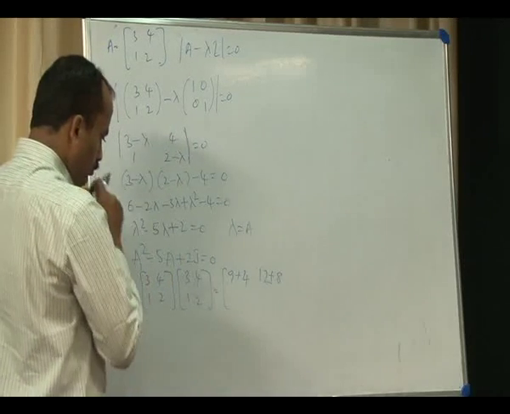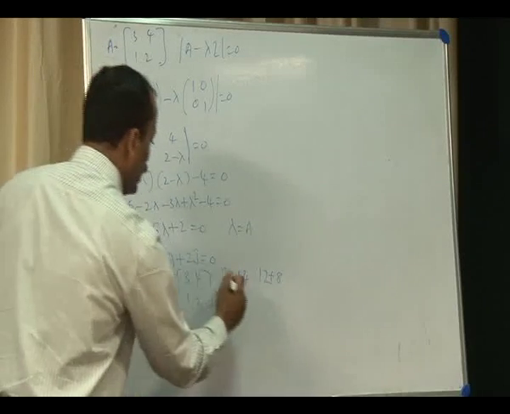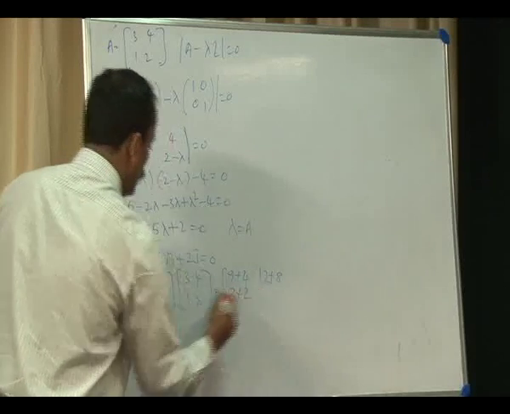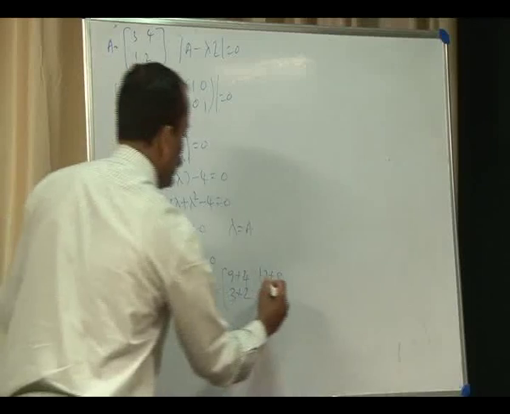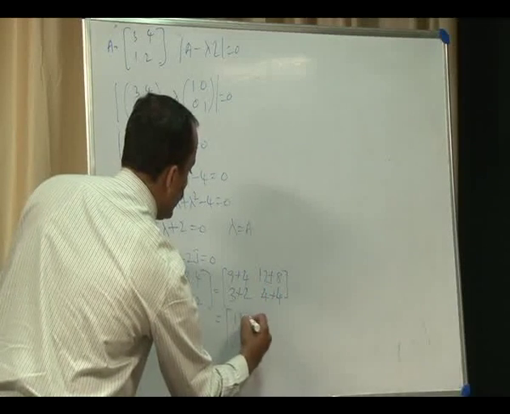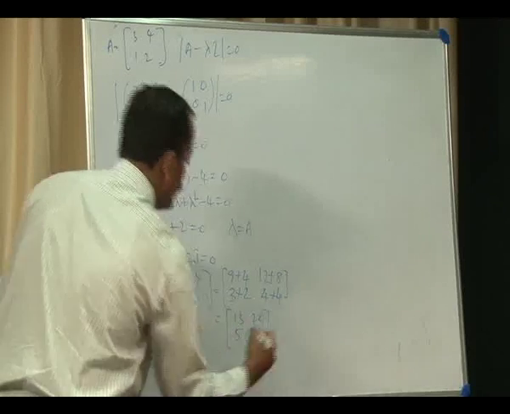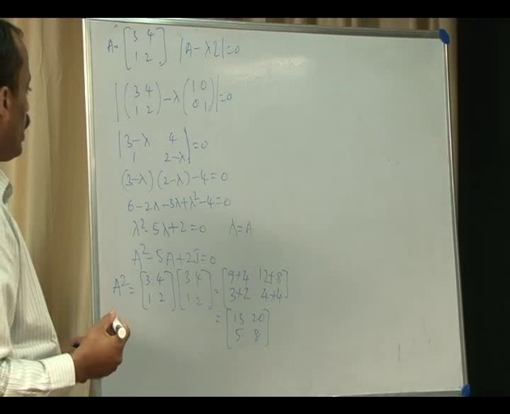Next, second row first column: 1 into 3 is 3 plus 2 into 1 is 2, 5. 1 into 4 is 4 plus 2 into 2 is 4, 8. So A squared is equal to [13 20; 5 8].